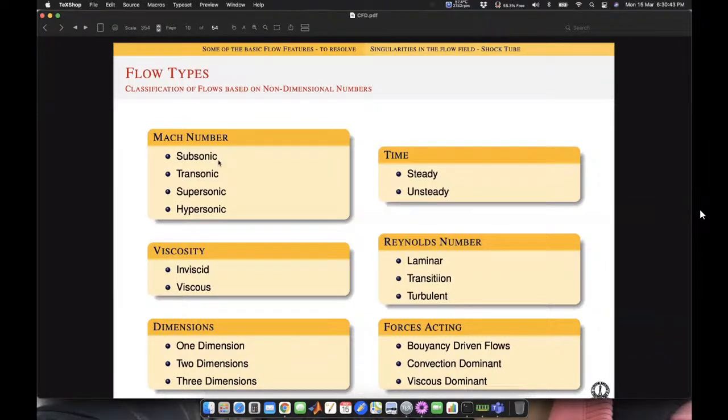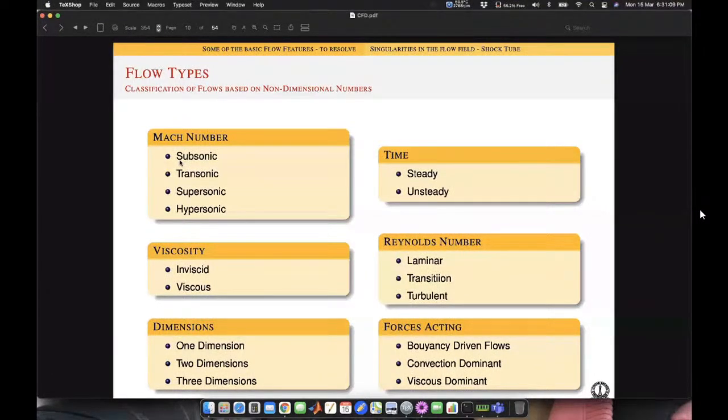And you can have fighter jets moving at supersonic flows, as well as rockets, re-entry vehicles and certain fighter aircraft, which move at hypersonic speeds. There is a wide variety of flow features that can happen in these four regimes. That's with respect to Mach number.